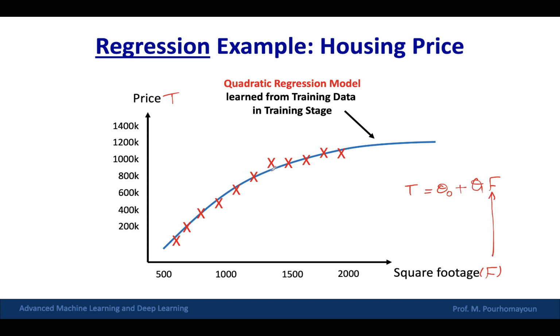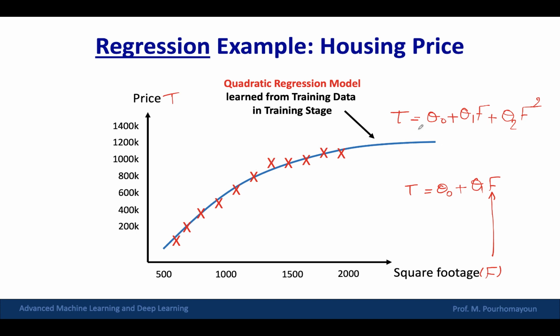So if you want to use a quadratic model, your model will be like that. Again, theta 0 plus theta 1 f plus, this time, theta 2 f squared, okay? So you want to use the square of this feature to make this model quadratic, or order 2.